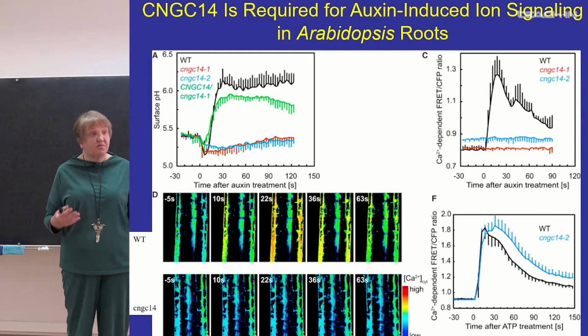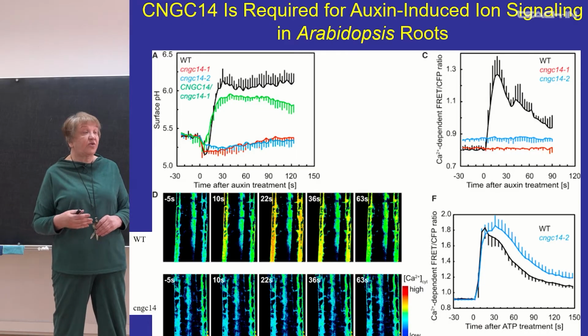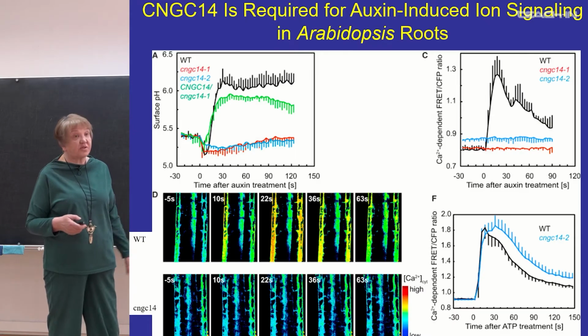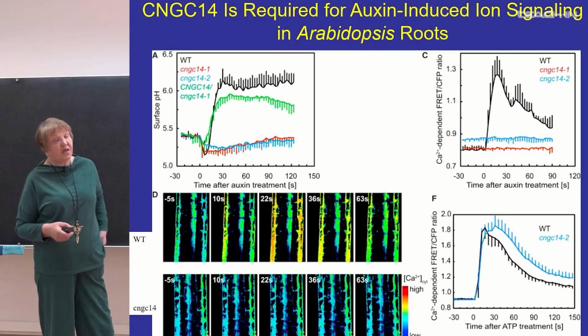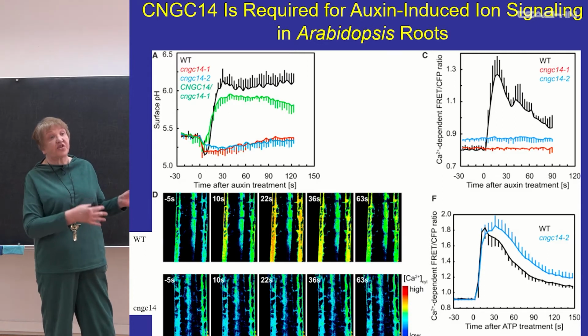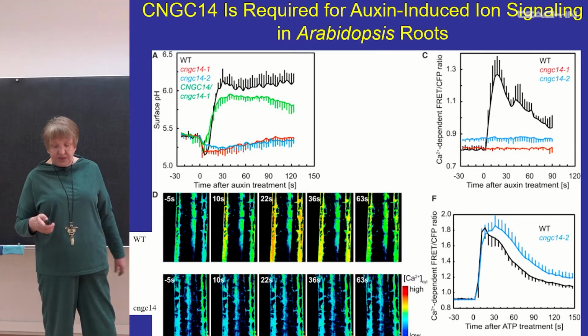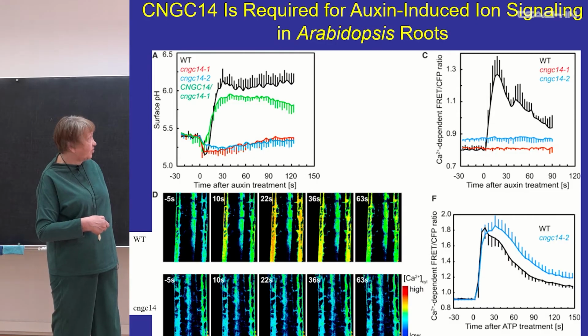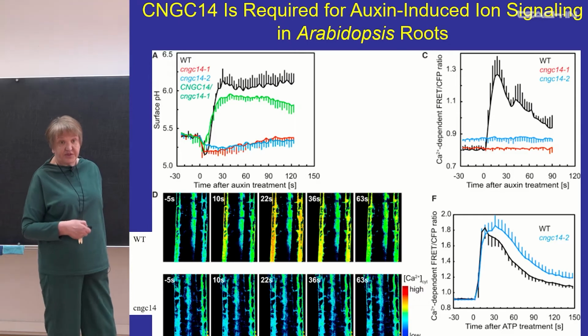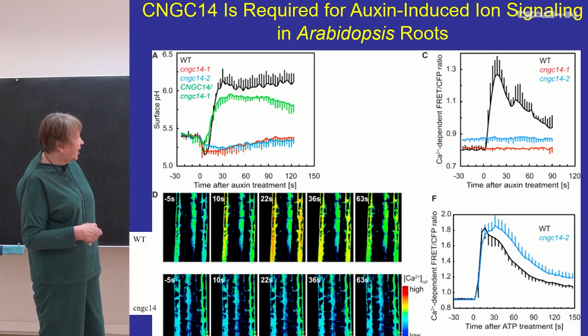Which is possible to get if you transform the plant with, say, T-DNA, which can get inserted not just in this gene but in other genes as well. So here they use two different knockout mutants of this cyclic nucleotide-gated channel 14.